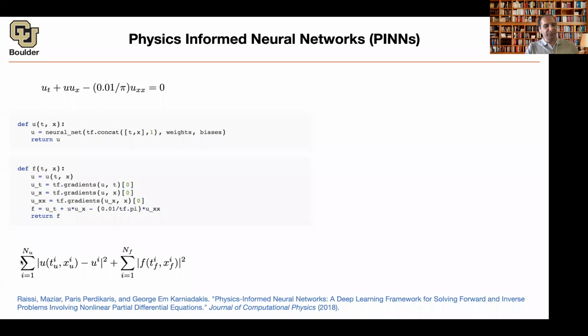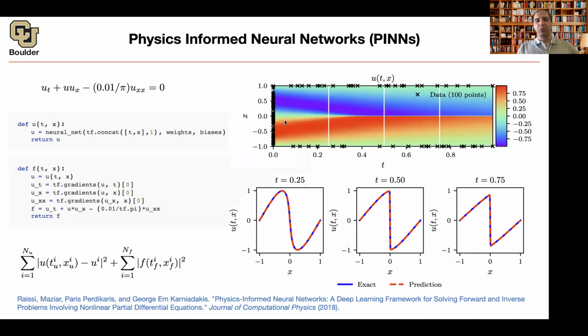And remember, you're optimizing this objective function with respect to your weights and biases. So you turned the problem of solving a partial differential equation into an optimization problem. Once you solve that optimization problem, you can get a solution to your Burgers' equation.